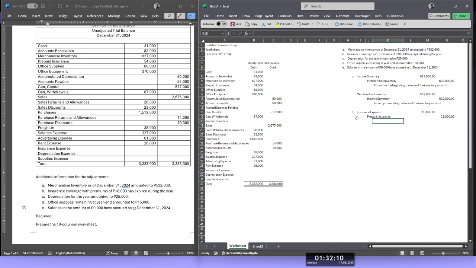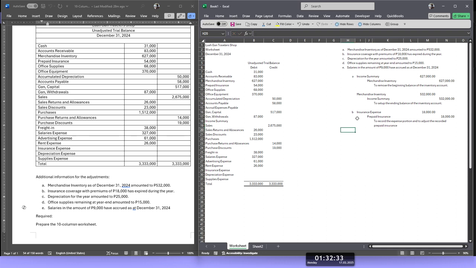and then to record the expense portion and to adjust the recorded prepaid insurance.